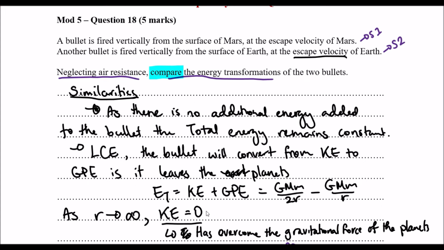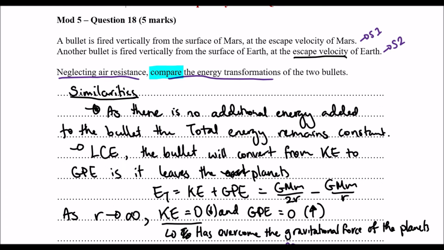So as that goes to infinity, that goes to 0, and also gravitational potential also goes to 0. However, in this case, we are actually seeing a decrease in kinetic energy, and we're actually seeing an increase in gravitational potential from where it originally began. Okay, so it goes down, gravitational potential energy has gone up.